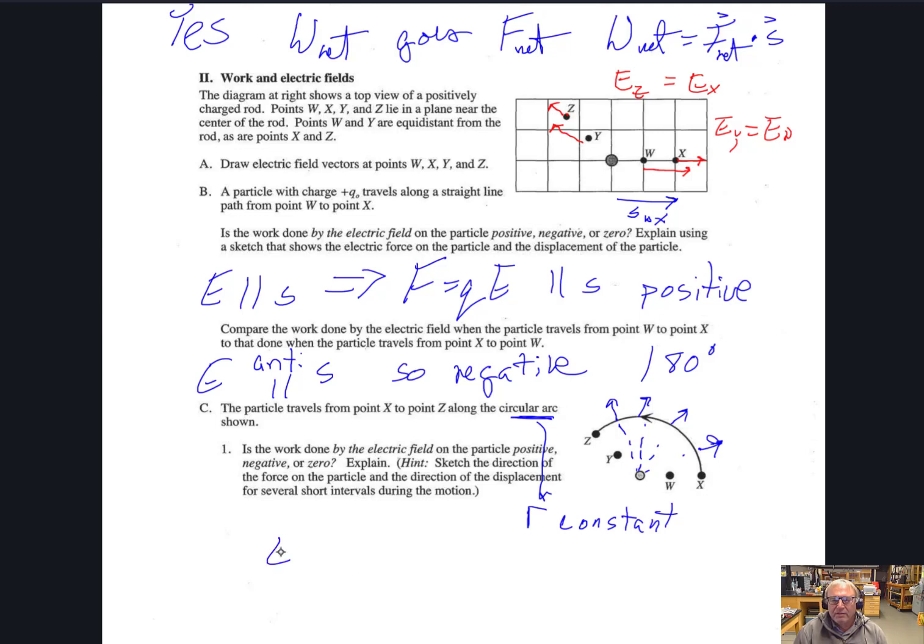So the E vector is constant, and the E vector is always perpendicular to S. Oh, 0.